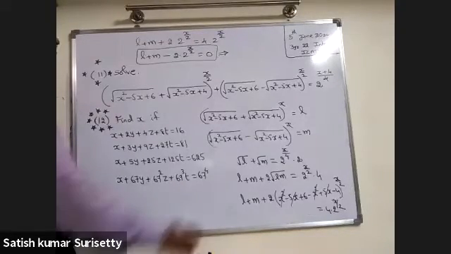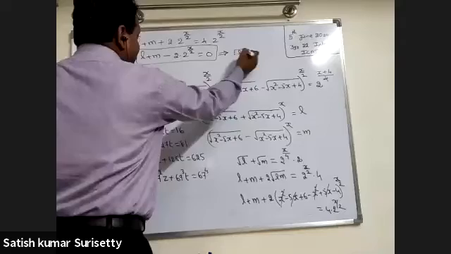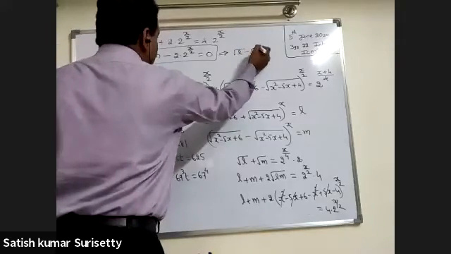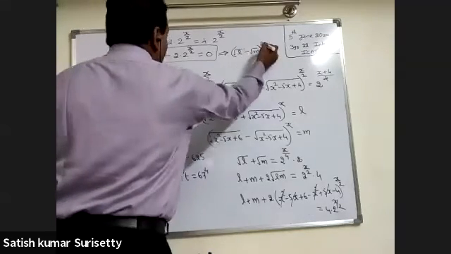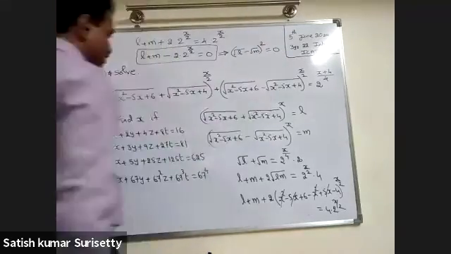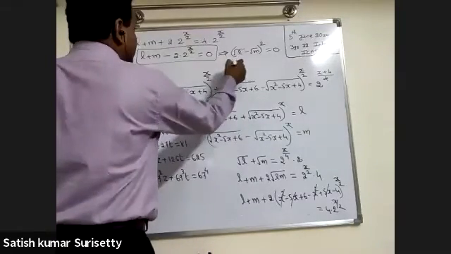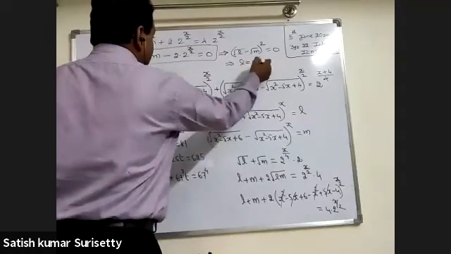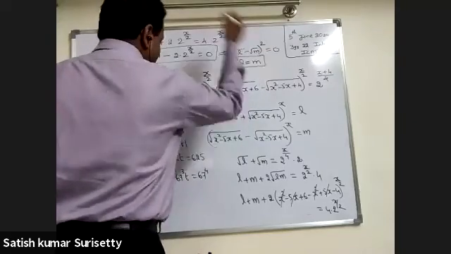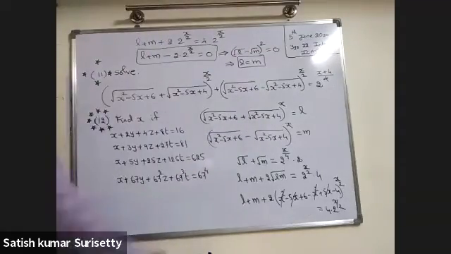Yes, sir. L plus M minus 2 root LM, that is root L minus root M whole square, will be equal to 0, which implies L equal to M.